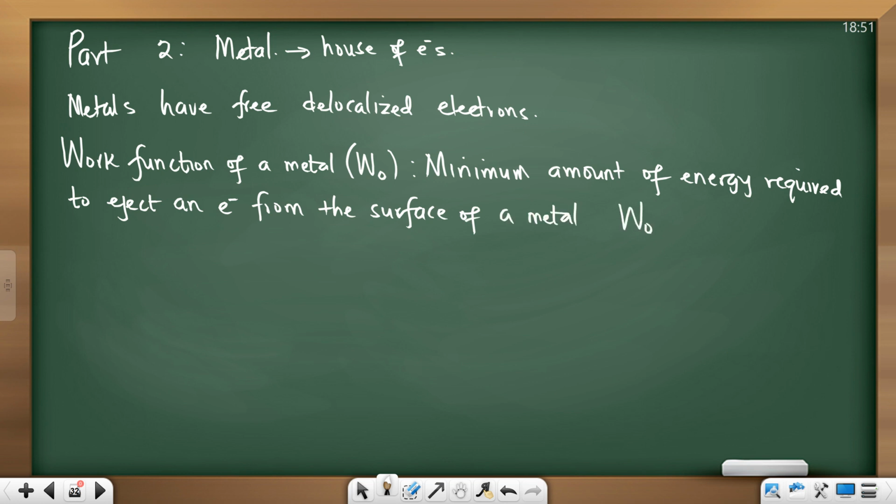And work function is measured as h multiplied by f naught, where this one is called the threshold frequency. Or, let me give you the other word, cut-off frequency. In case you don't see threshold, you must know that it can also be called a cut-off frequency.